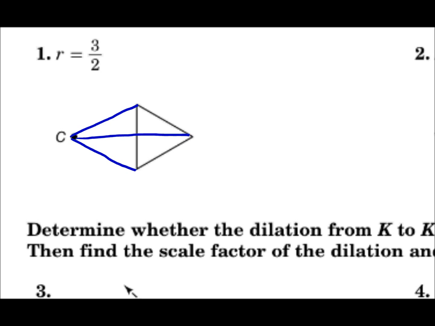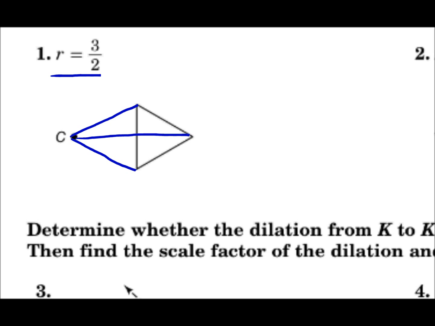Now I'm going to use the scale factor, which is 3/2. So I want to take each of these distances and multiply them by the factor of 3/2. So each segment will grow 1.5 times larger than it is now.